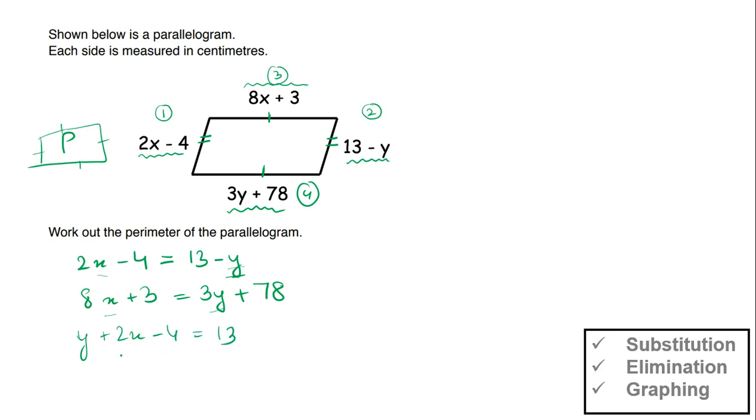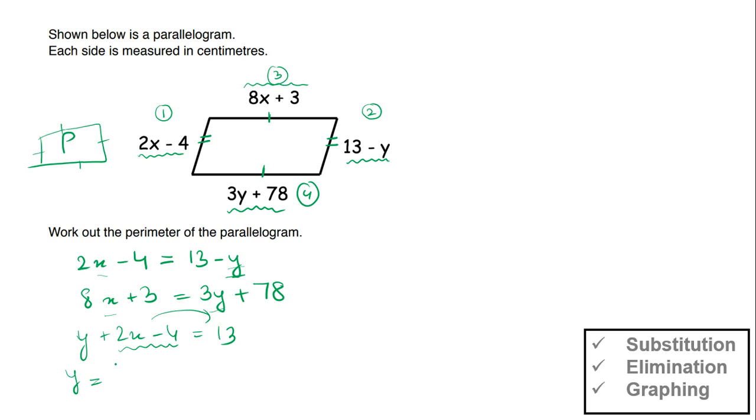Now I have to take everything else attached to the y to the other side so that it can become the subject, so that I can isolate it, and then I can substitute in the next equation. If I take the 2x to the other side, it turns negative because here it's positive. Similarly, here the 4 is negative, and when I take it to the other side it turns positive.